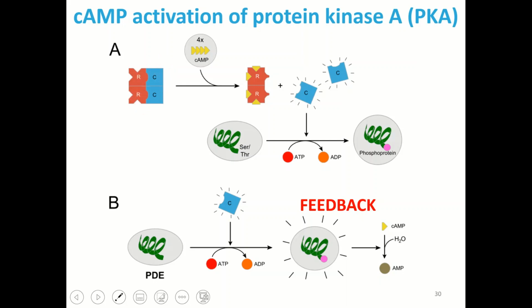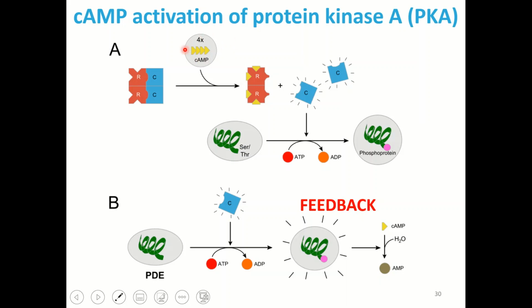It turns out that you need two cyclic AMPs to bind to one of the receptor regions to release the catalytic subunit. And when that catalytic subunit is released, the catalytic site is exposed and it becomes active. So in this case, for the tetramer, because there's two R sites, you're going to need 4 cyclic AMPs.